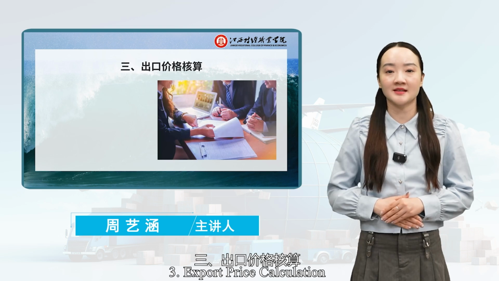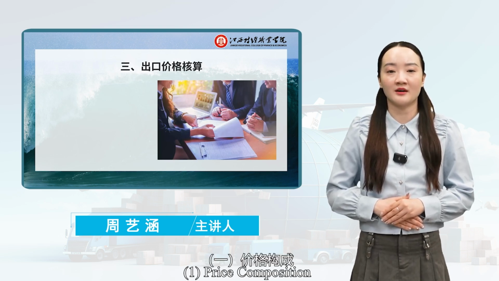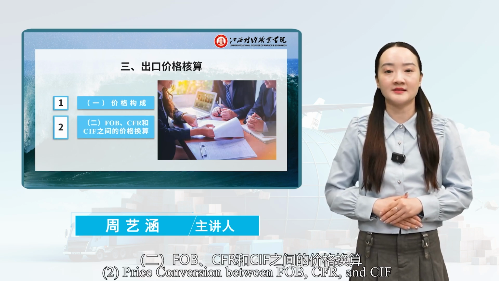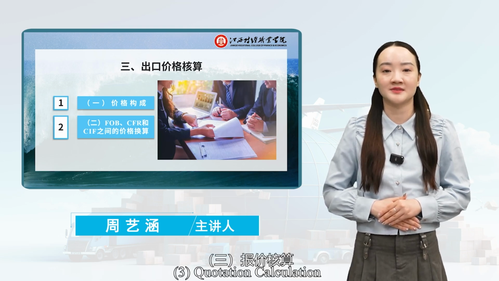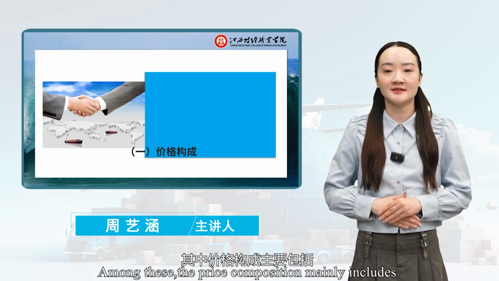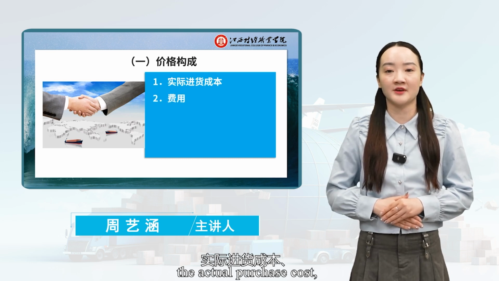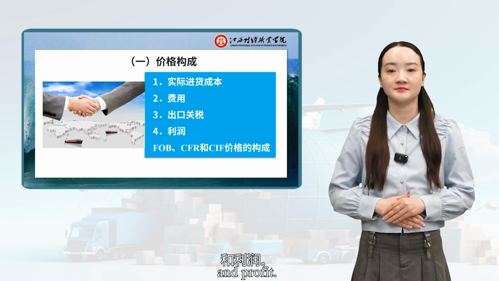Third, export price calculation. The main contents include: first, price composition; second, price conversion between FOB, CFR, and CIF; third, quotation calculation. Among these, the price composition mainly includes the actual purchase cost, expenses, export tariffs, and profit.